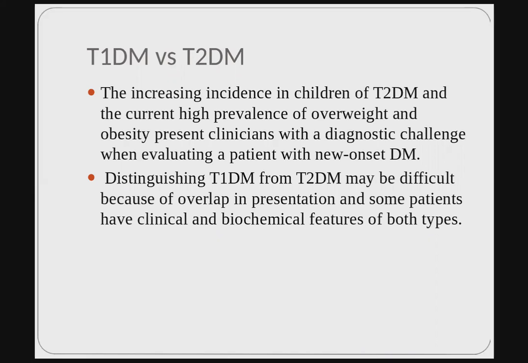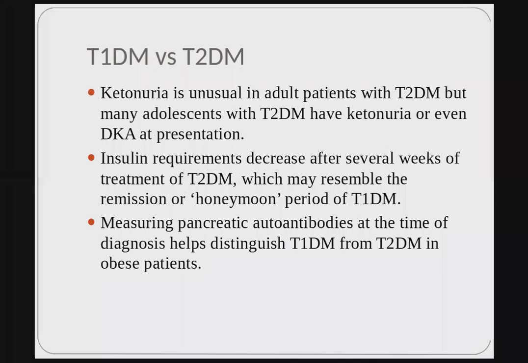But persistent elevation of the C-peptide, say 12 to 24 months after diagnosis, may be unusual in type 1 diabetes mellitus, because as the disease progresses, the secretion of insulin and C-peptide decreases until it gets to a very low level. But if it's persistent after 12 to 24 months of diagnosis, it's more likely to be type 2 diabetes mellitus.